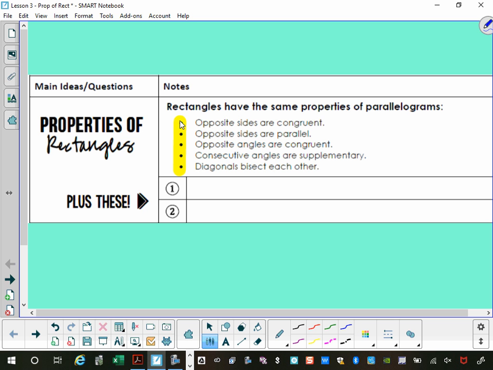Now that we're doing rectangles, we know that we have four right angles, and also the diagonals are congruent. Because those angles are right angles, the diagonals are congruent.